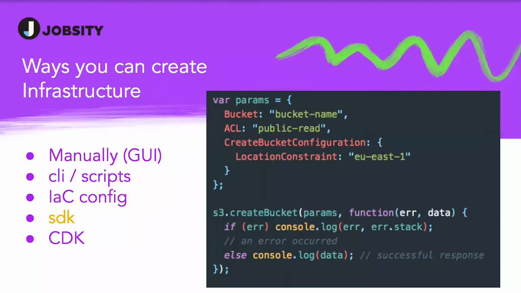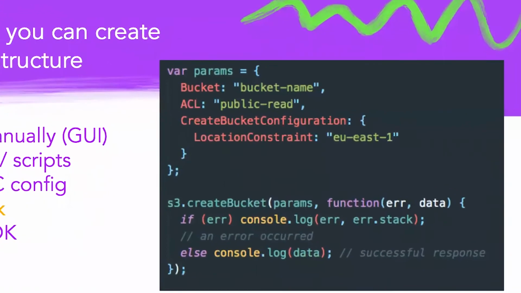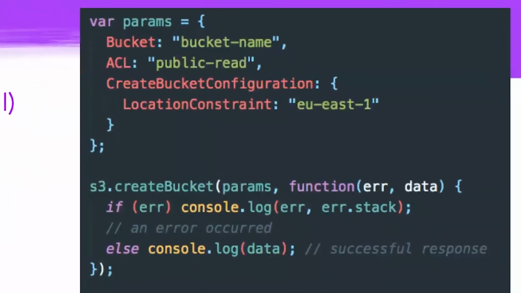Then comes the SDK. Most tools have SDKs nowadays, and we are seeing some improvements, right? We are calling a function, sending some parameters. Now you have error handling, but there are a couple of things to notice here. One of them is that you are creating individual components, right?